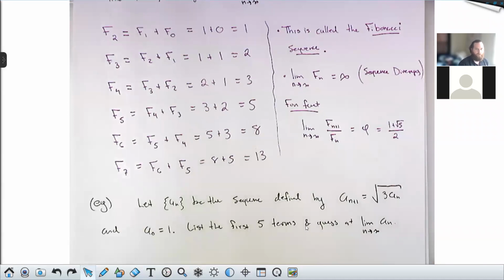This is sort of a strange recurrence relation. The next term is the square root of 3 times the previous term.